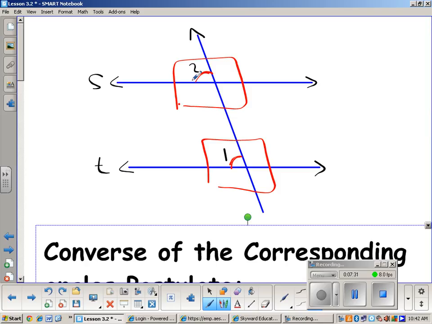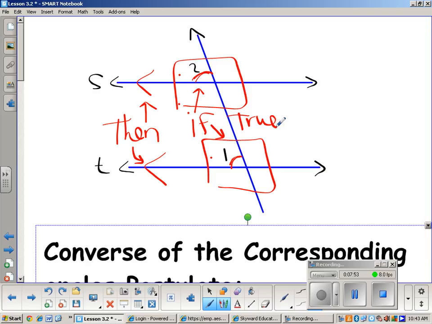The converse says if corresponding angles are congruent, then the two lines are parallel. I'm going to keep stressing that we're going backwards on this. If this is true, then the two lines are parallel.